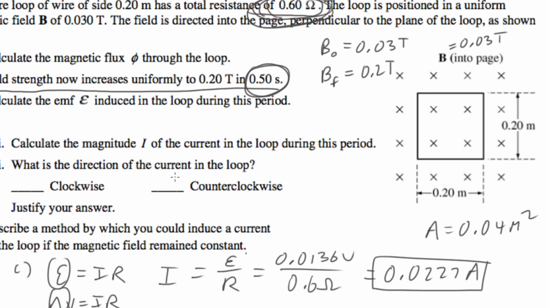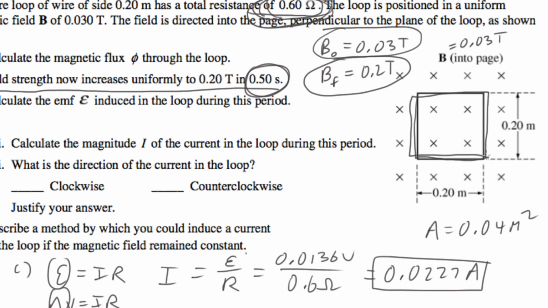All right, and then what is the direction of the current in the loop? Okay, to figure out the direction of the current, you've got to use Lenz's law. Lenz's law says the induced current will create a magnetic field opposite the change of flux. So for this problem here, we go from a magnetic field of 0.03 in to a magnetic field of 0.2 in. Which way did the flux change in this loop? Did the flux change in or did it change out?